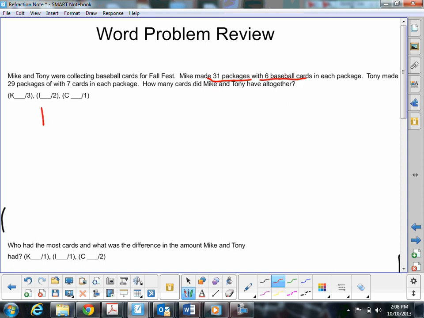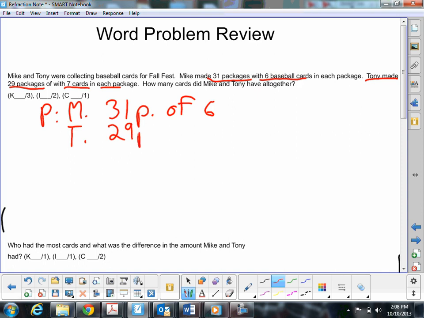So planning, I know that Mike has 31 packages, and I'm just going to put P of 6. Tony made 29 packages, so Tony made 29 packages with 7 cards in each package. I'm planning Tony 29 packages of 7 cards.